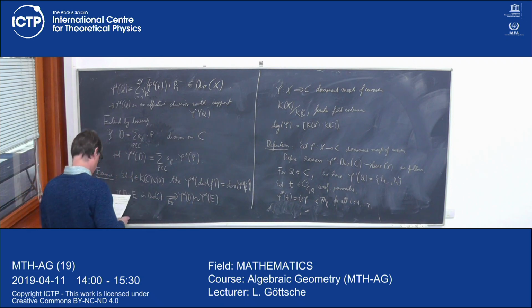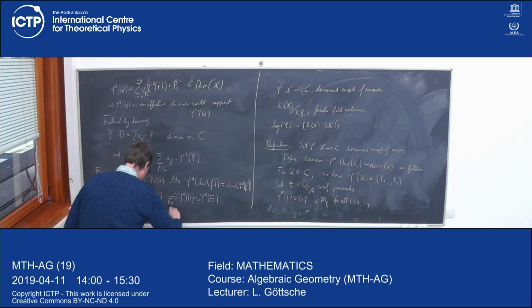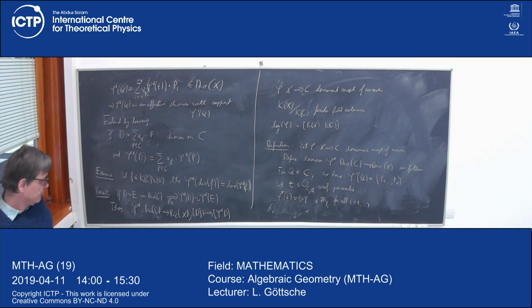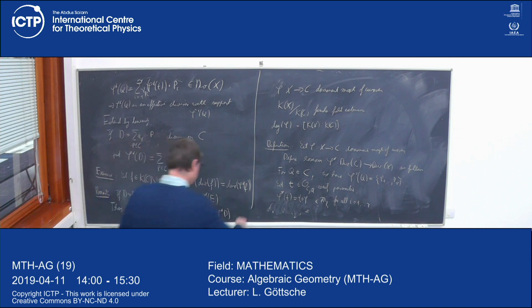So therefore, if I pull back the linear equivalence class, so if I take phi star from the Picard group of C to the Picard group of X, which maps the linear equivalence class of the divisor to the linear equivalence class of the pullback of the divisor, this is well defined, and it is a group homomorphism.